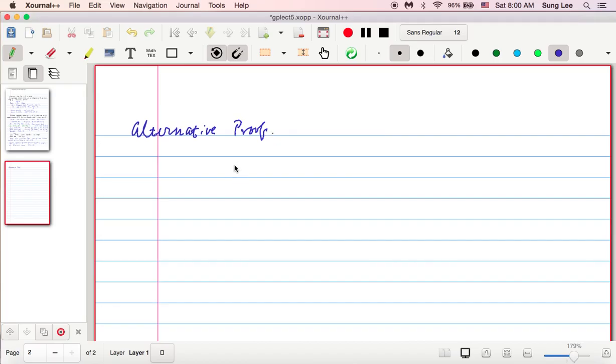An alternative proof, basically we check everything, but it's not hard.